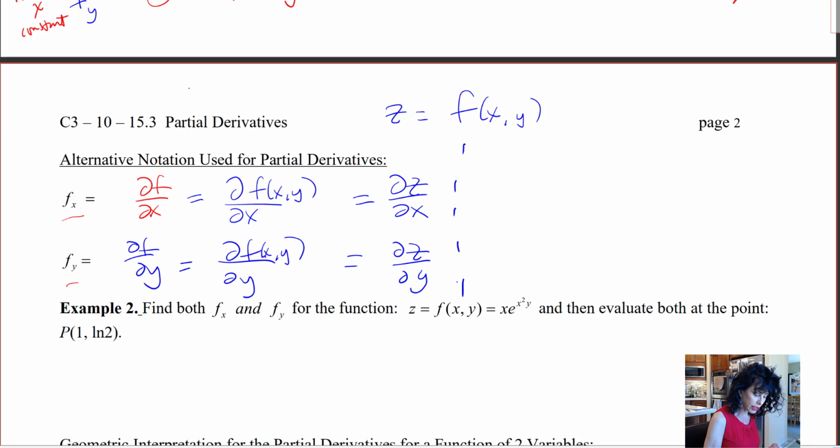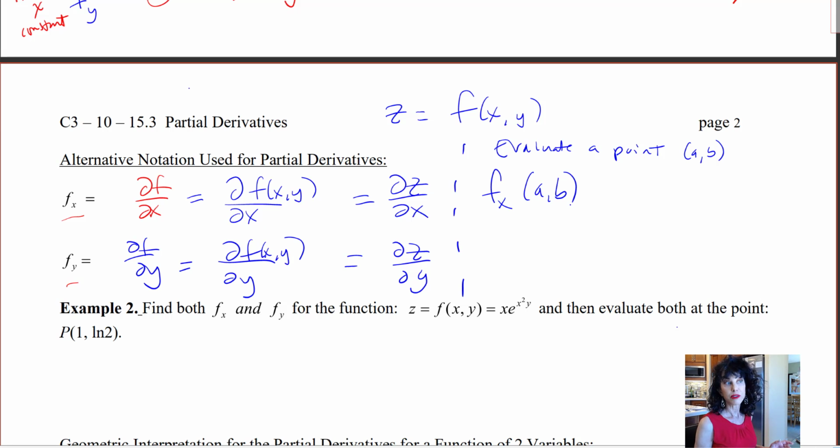A little bit extra here, sometimes you'll be asked to evaluate your partial derivative at a particular point, at that specific point. Evaluating at a point means basically you're going to substitute some things in there for x and y, plug stuff in. So you might be asked, for example, to evaluate your partial derivative of f with respect to x at the point a, b.